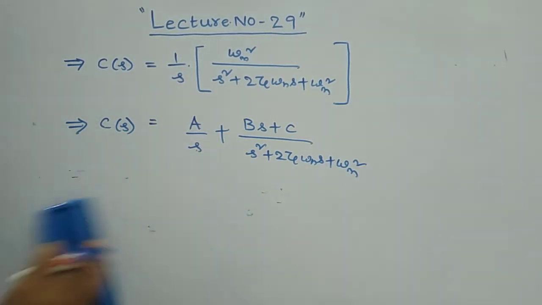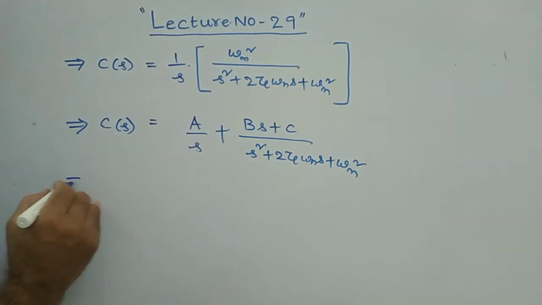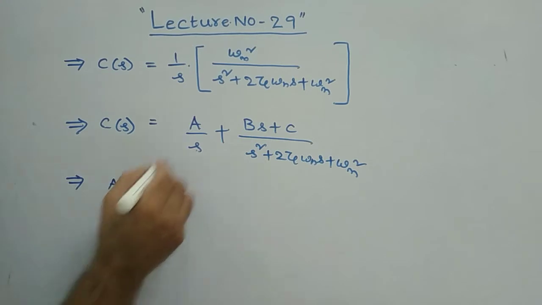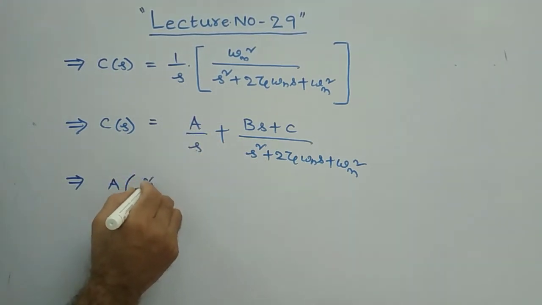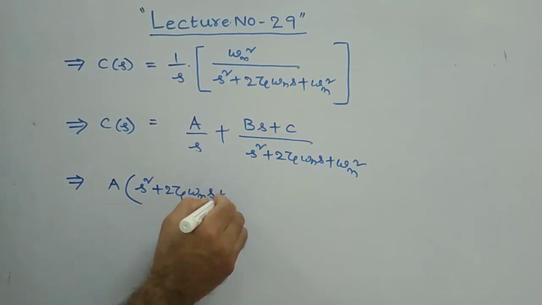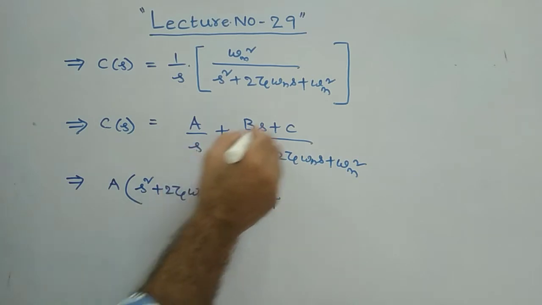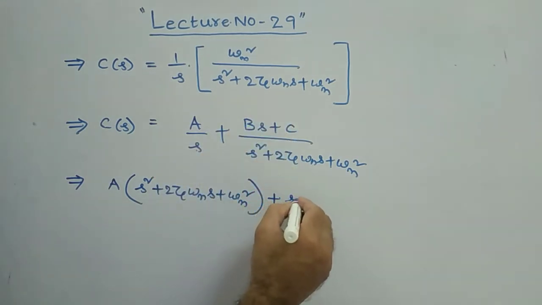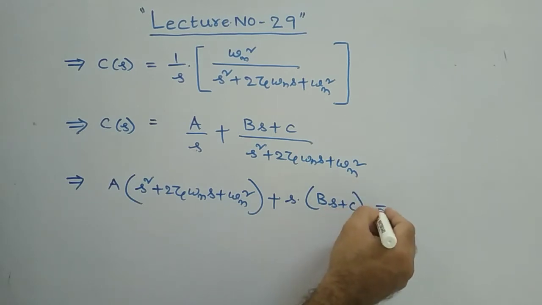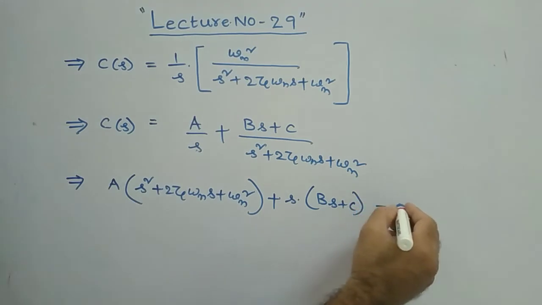So in order to find b and c, you write a into s square plus 2 zeta omega n s plus omega n square, plus s into (Bs plus C), and this entire expression must be equal to omega n square.